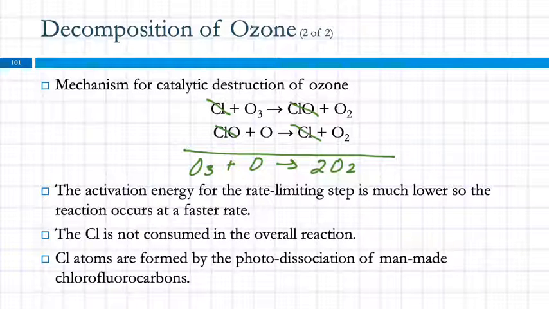Which is also really the benefit of ozone, is that the ozone absorbs UV rays. And so that's why we need it up there, because it absorbs UV rays, and it makes oxygen and an oxygen atom, and then those make ozone again. But the chlorine messes it up.